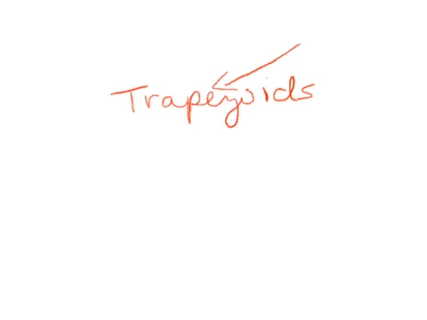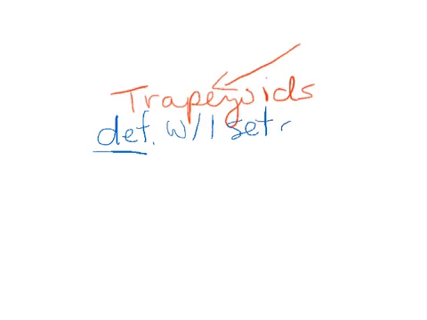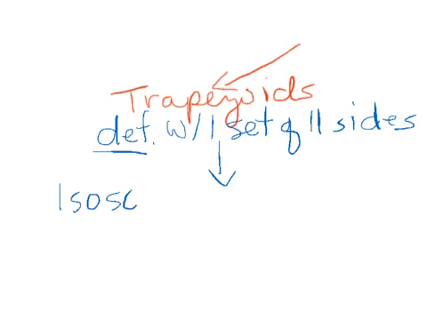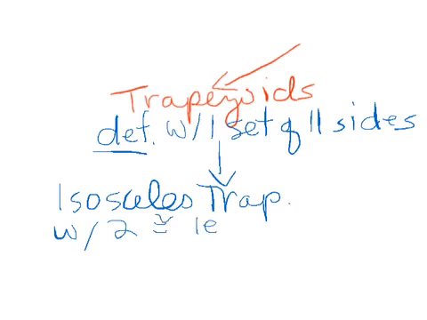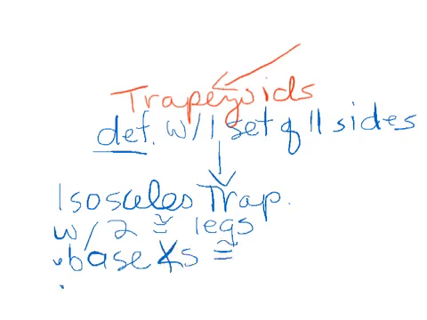And the definition again of a trapezoid, and again it's under the quadrilateral title, so we know it's a quadrilateral with one set of parallel sides. More interestingly though, underneath a trapezoid you have isosceles trapezoids, and that is a trapezoid with two congruent legs, and then you have the properties of base angles congruent and the diagonals being congruent.